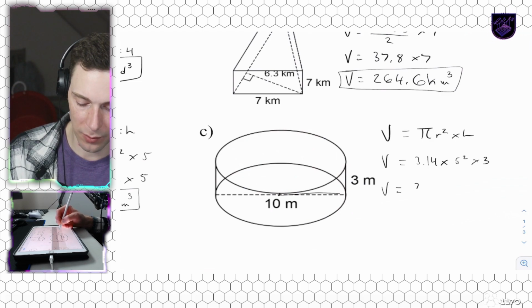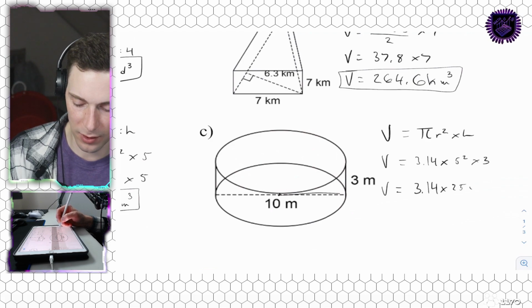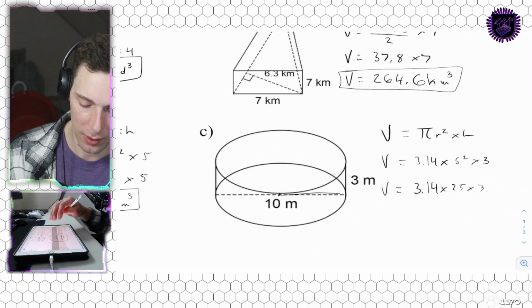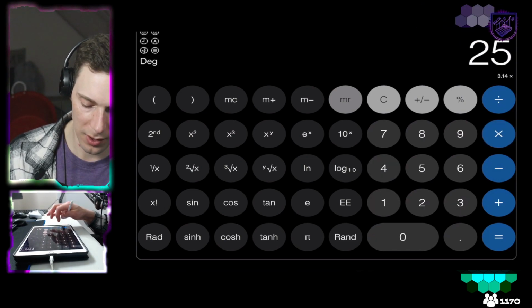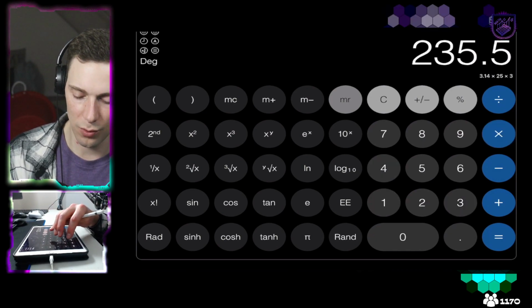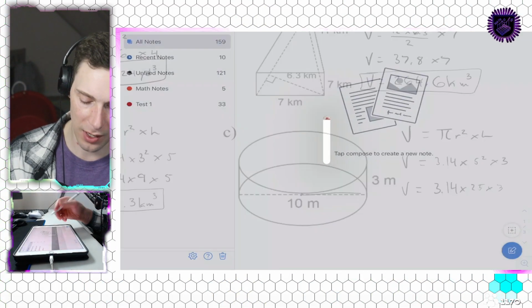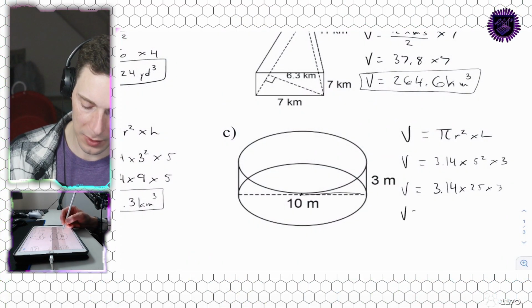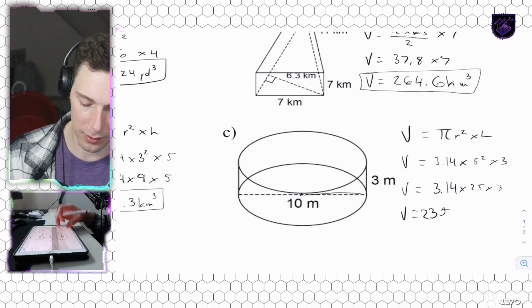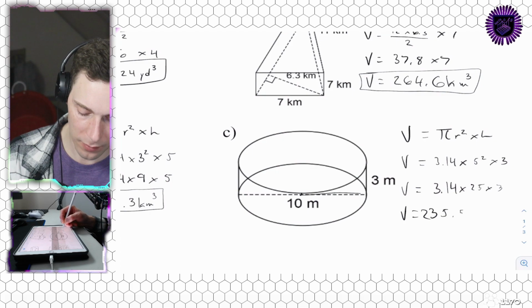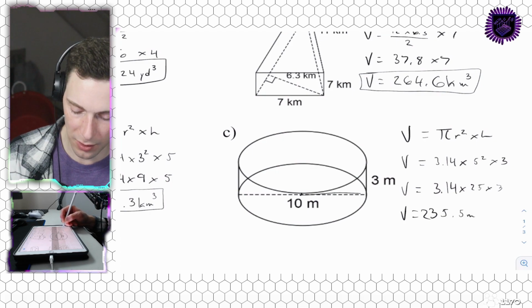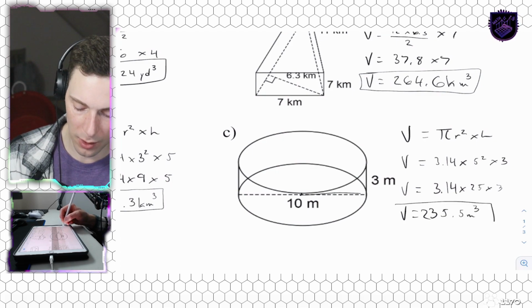Volume is equal to 3.14 times 25 times 3. Let's do that. 3.14 times 25 times 3 equals 235.5. Volume is approximately 235.5 meters cubed.